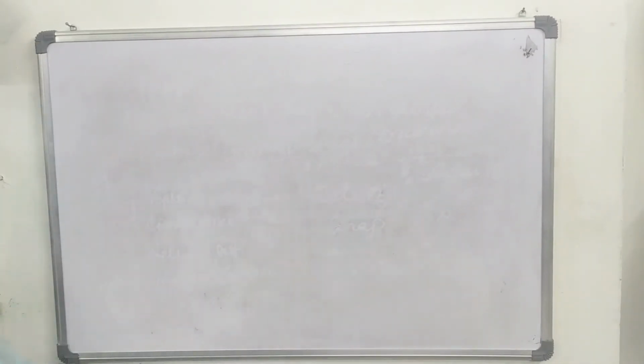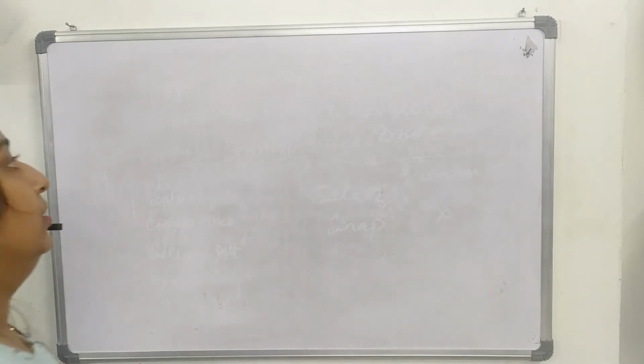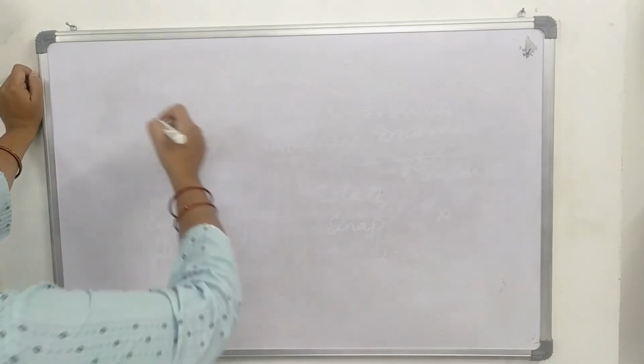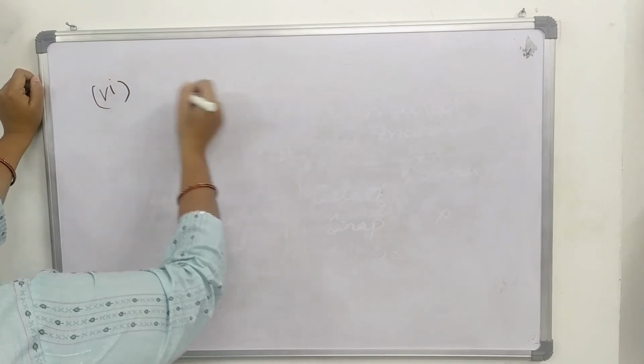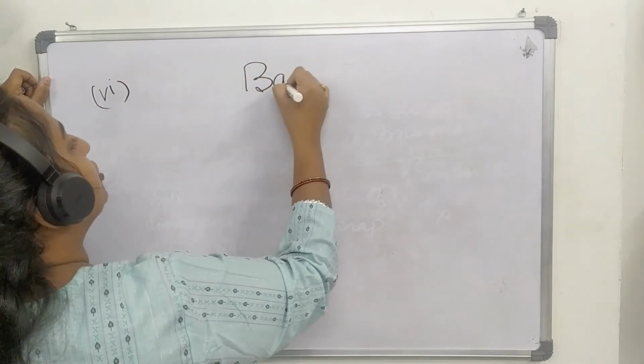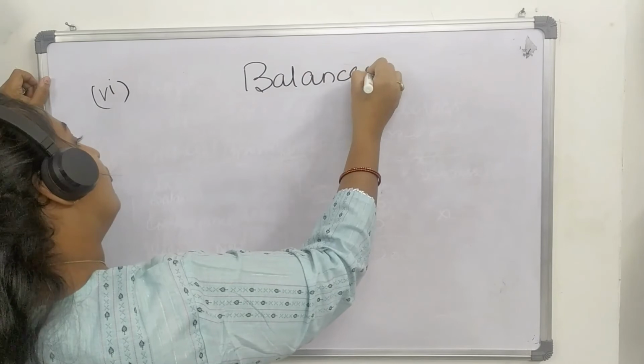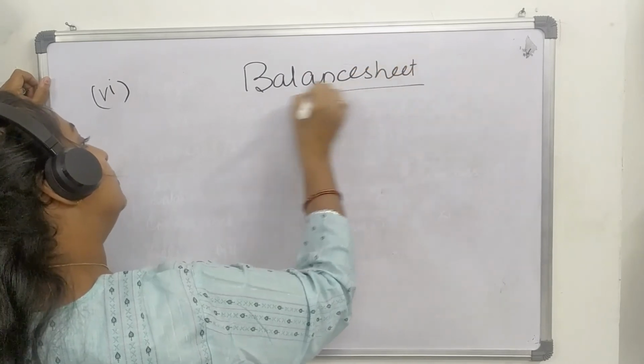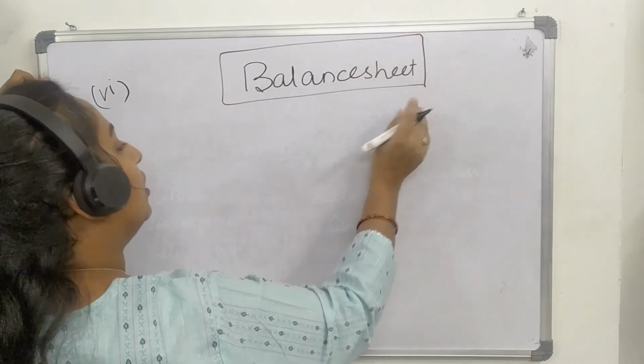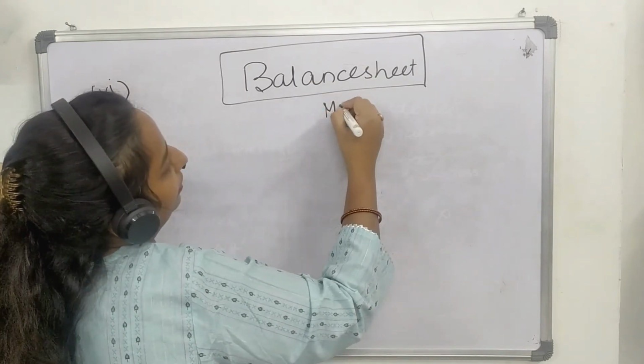Now, after preparing the profit and loss account, we have the final step of making the balance sheet. Now, why is the balance sheet made? Balance sheet is the mirror of the company.